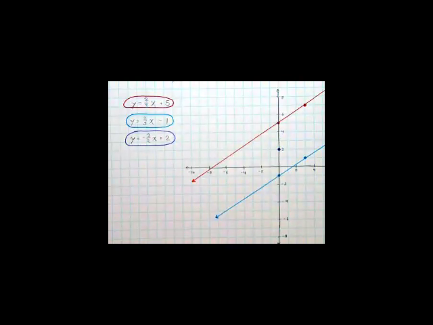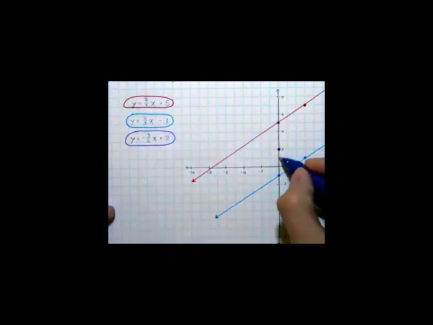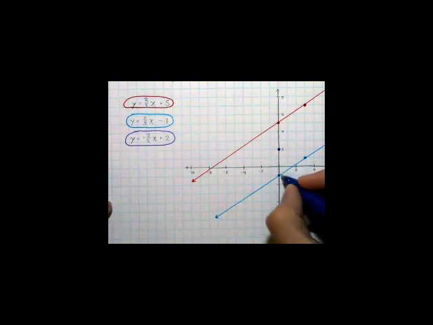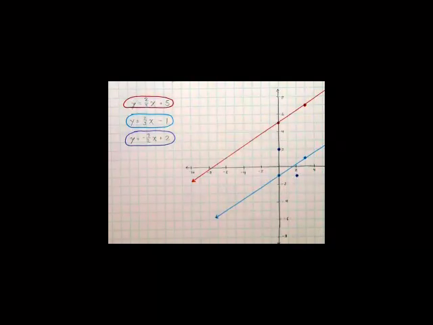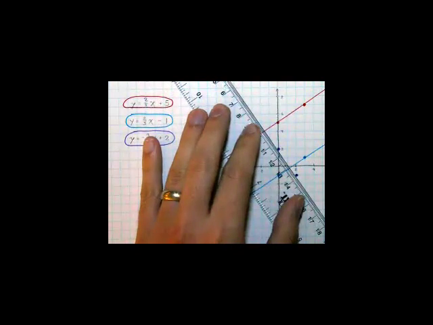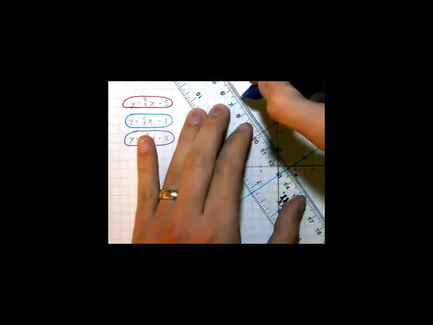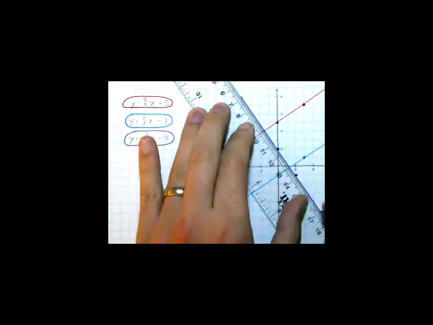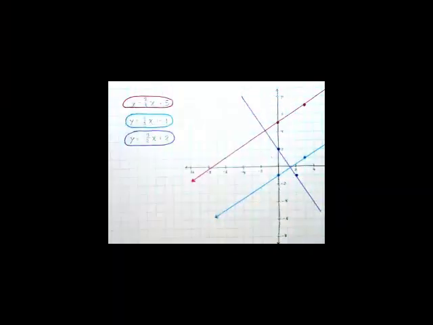Okay, so go ahead and do that. Go down 3 from there. 1, 2, 3, and then over 2. 1, 2. All right, so let's connect those together. So we get a line that looks something like that.